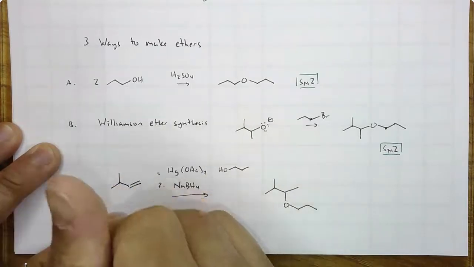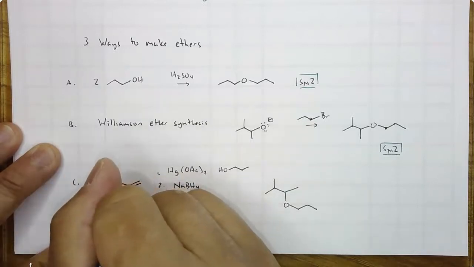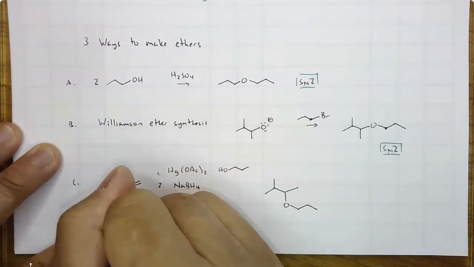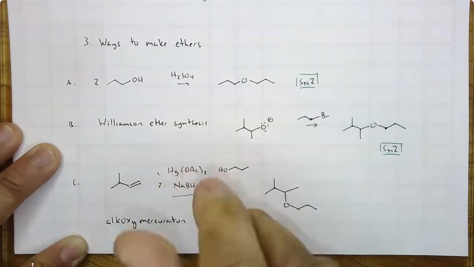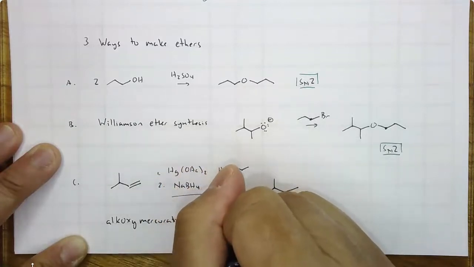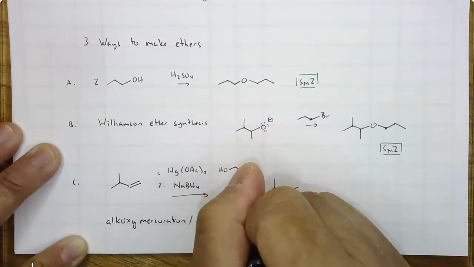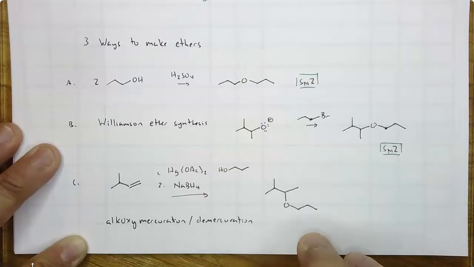Actually, because we're adding an alkoxy group, this is alkoxymercuration. Oxymercuration for the mercury, and then we remove the mercury. So the second part is demercuration. Some of you may not have been taught this. It is in the textbook. It just depends on the semester whether we include this on the exam or not.